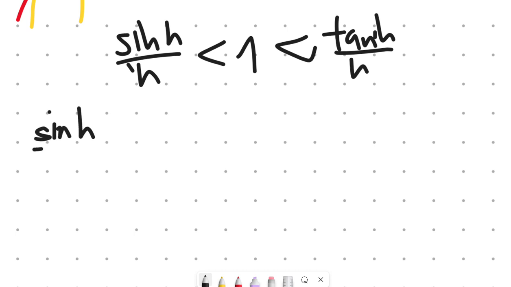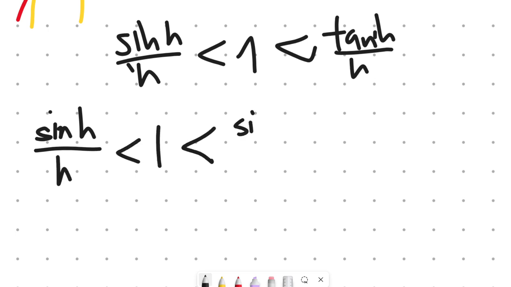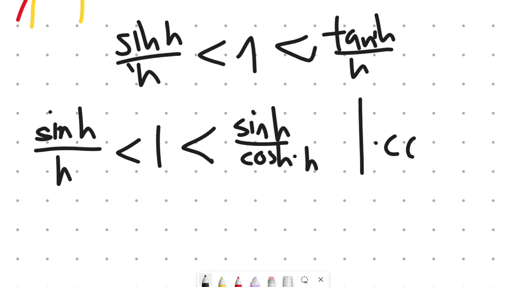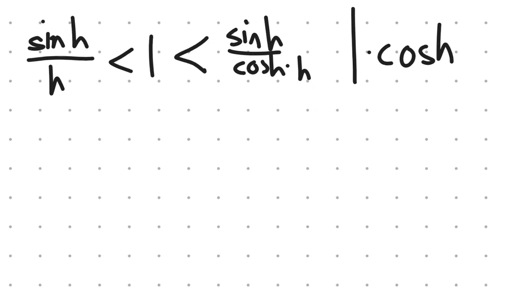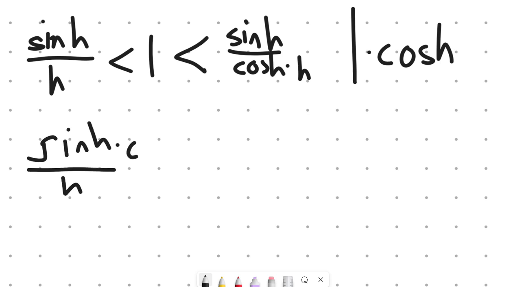So it's the same thing as sine of h over h is smaller than 1, is smaller than sine of h over cosine of h times h. So we're just going to multiply everything by cosine of h, which states that we'll have sine of h over h times cosine of h, smaller than cosine of h, smaller than sine of h over h.